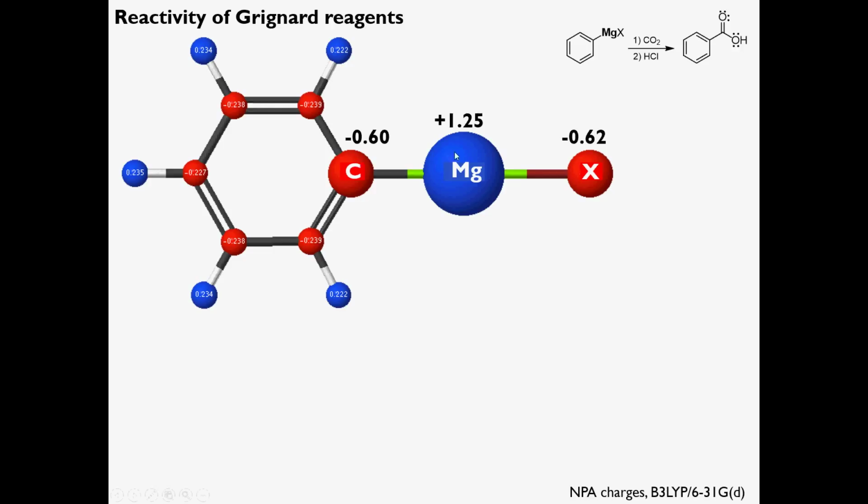In this Grignard reagent, it's phenyl magnesium halide. Let's say this is chlorine for the sake of argument. We can again see that the carbon atom is negatively charged. It's less negatively charged than we saw in phenyl lithium by about either 0.1 or 0.2 of a charge unit. I don't recall, but it's certainly lower.